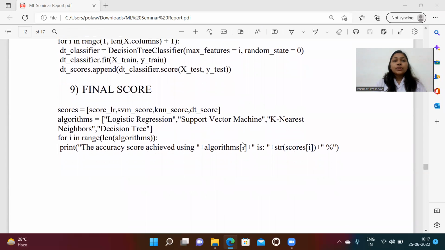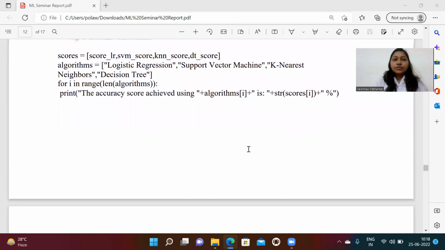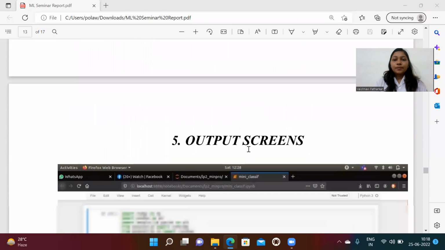Then the final scores we calculate with the help of a combination of four algorithms, and we calculate which algorithm is best for our project. So calculating the accuracy for each algorithm, the maximum accuracy is defined for the KNN algorithm. So KNN is best for our project.